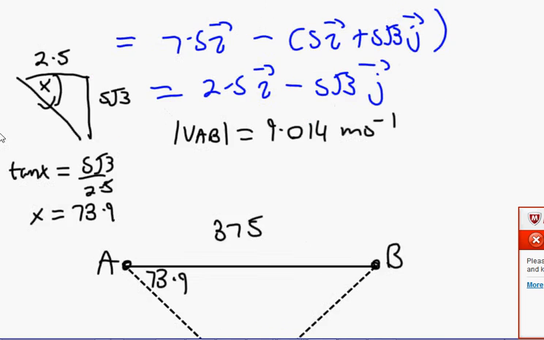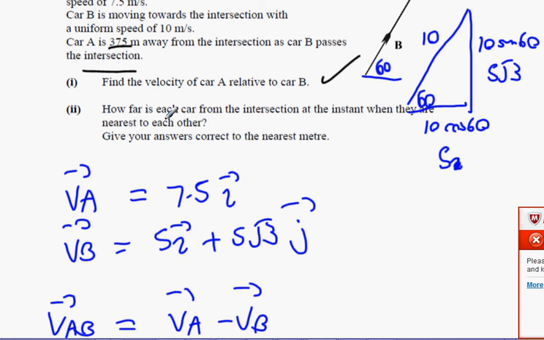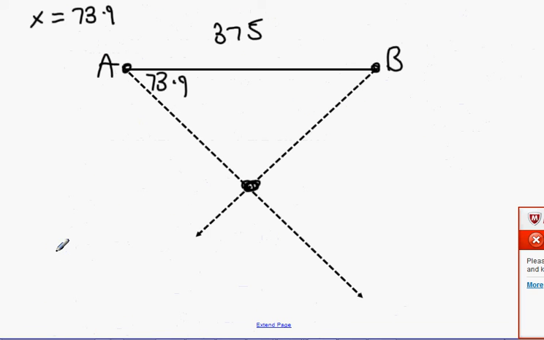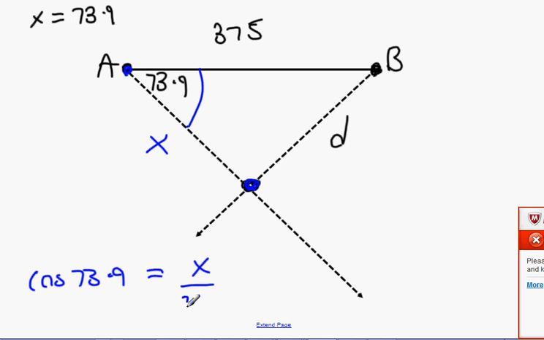And then we're asked to find out how far is each car from the intersection at the time when they're nearest to each other. We don't actually have to find out what the closest distance is. What we should be finding out is how far it travelled to get here. So what we're going to do is cos 73.9 equals x over 375.